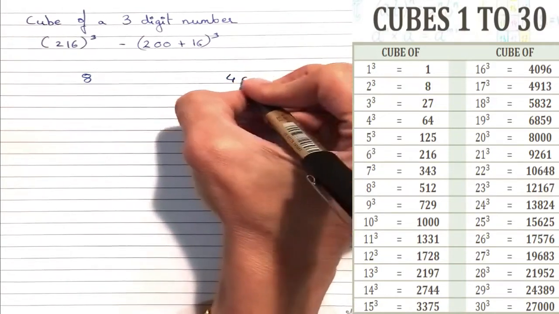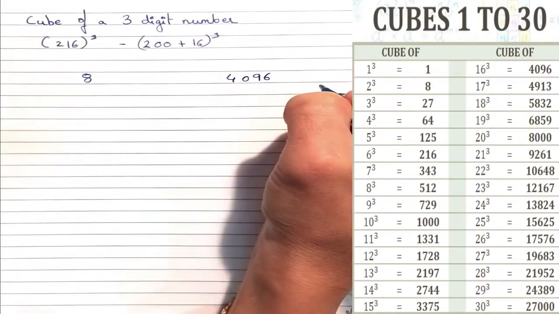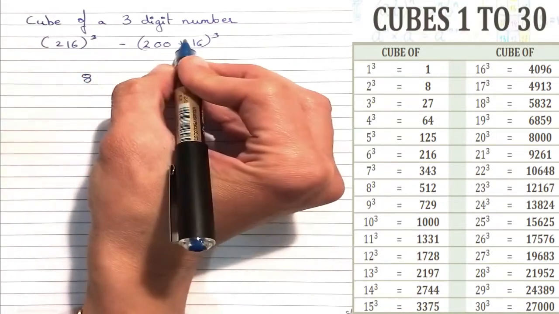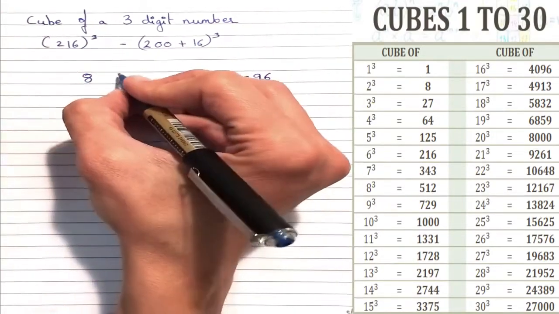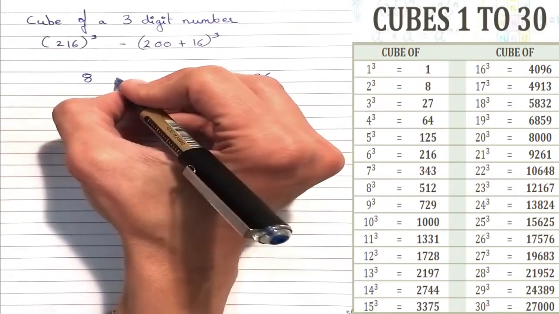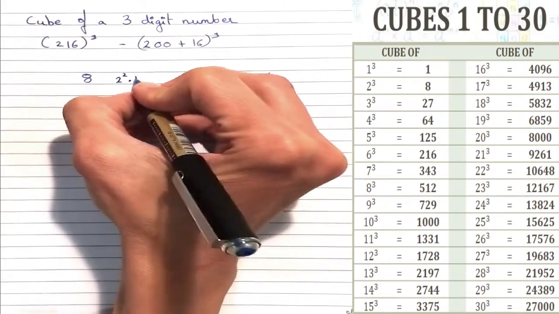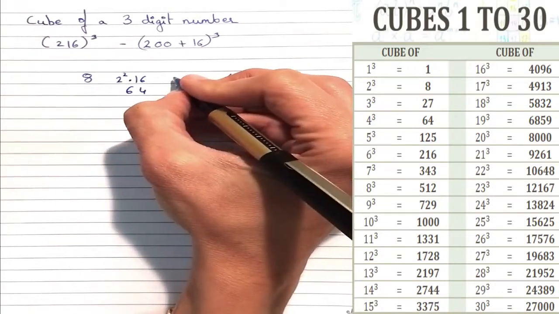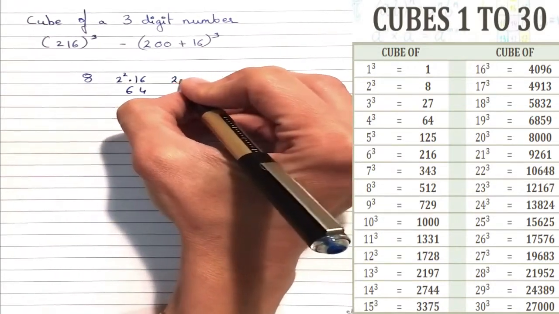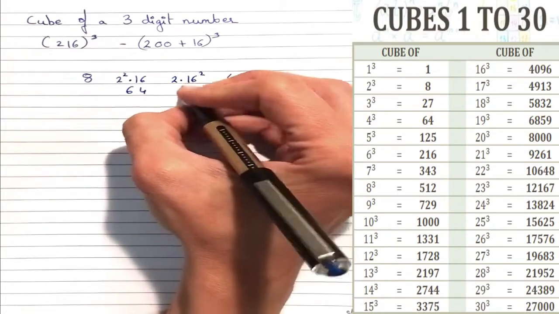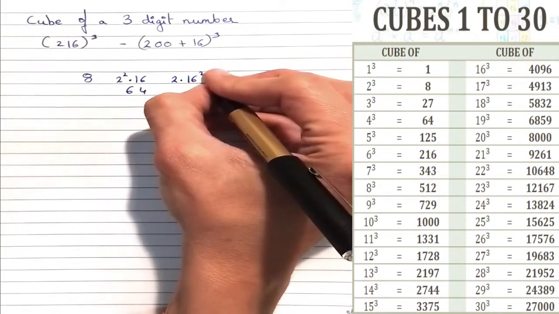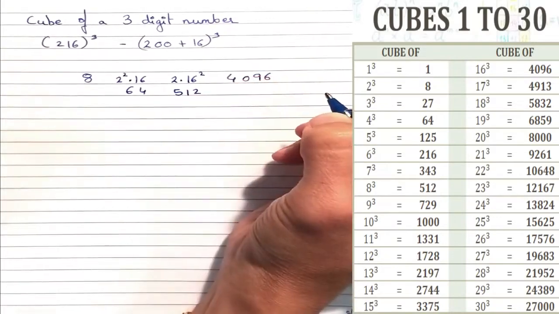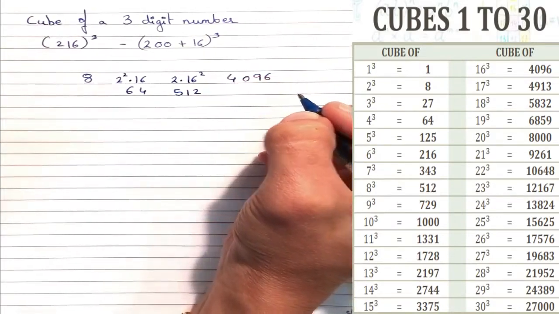So we'll take 2 cube, which is 8, and 16 cube, which is 4096. Then for the middle numbers, we'll take a square b, which is 2 square into 16, which is 64, and ab square, which will be 2 multiplied by 16 square, which is 256, so 512.